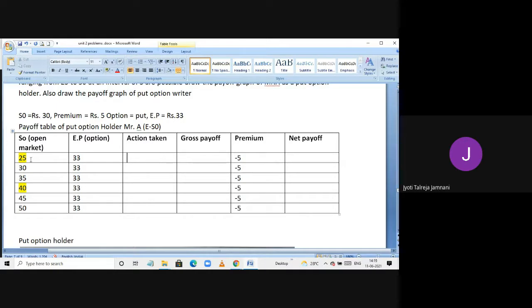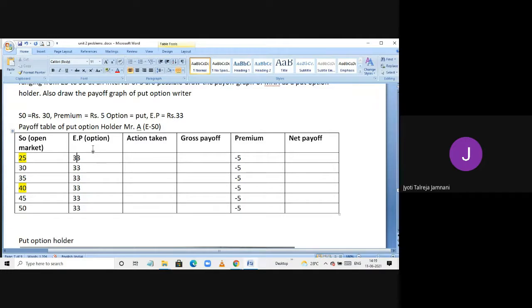Will Mr. A sell for 25 rupees in the market or he will sell for 33 rupees in the option? When we sell, yes, tell me. 33 rupees, yes, in the option. Correct. Because whenever we are planning to sell, we always want to sell at higher price and not at lower price. So he will sell for 33 rupees in option.